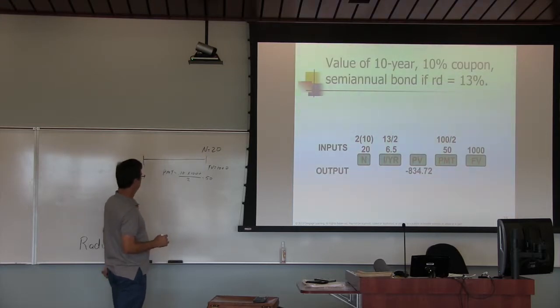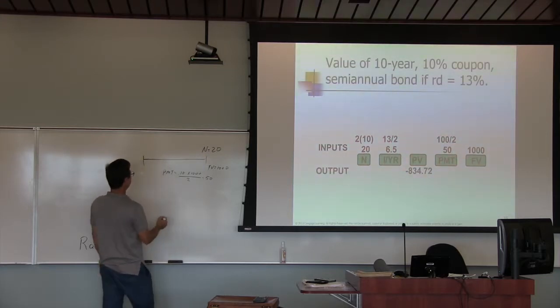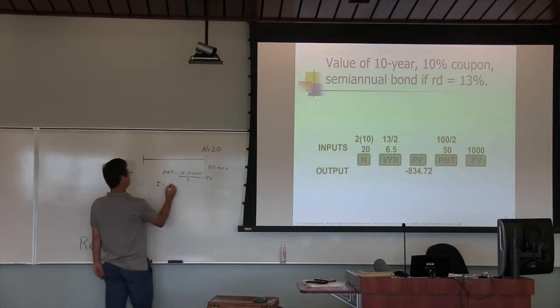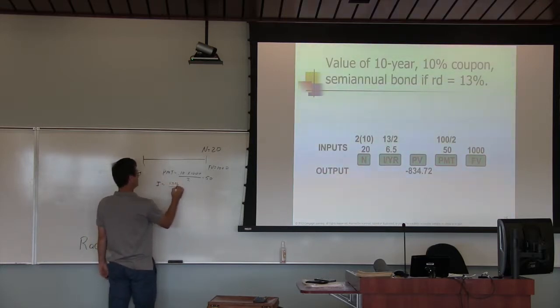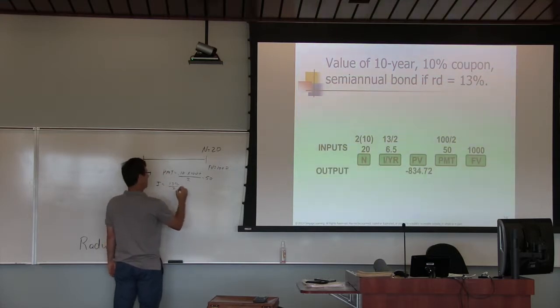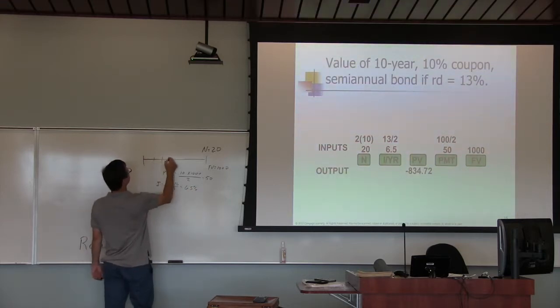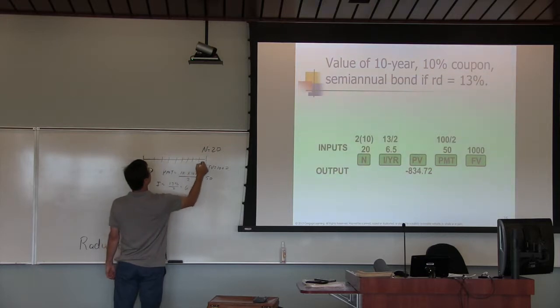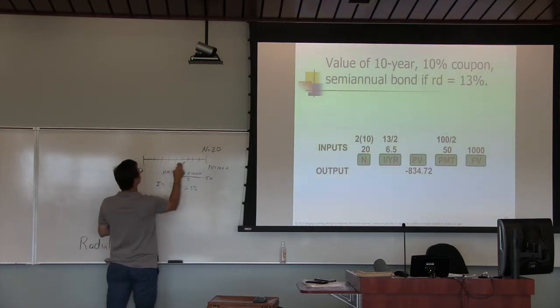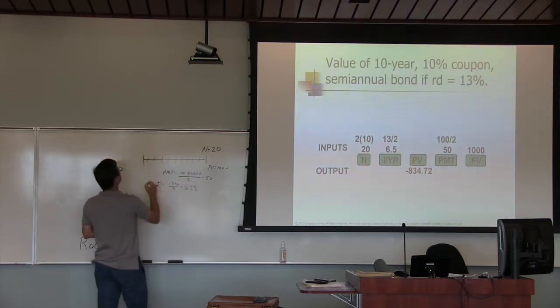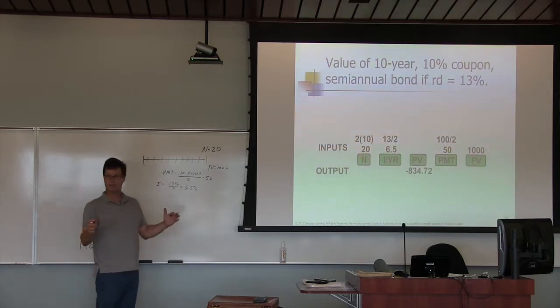Payment, and then your required return that you work off of in this case. You take whatever is given to you, in this case 13% per year, and it just gets cut in half to give you 6.5% every 6-month period. So you start out with 10 years.